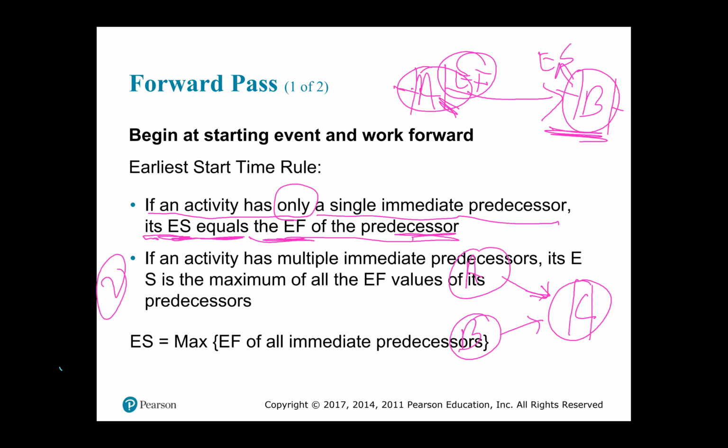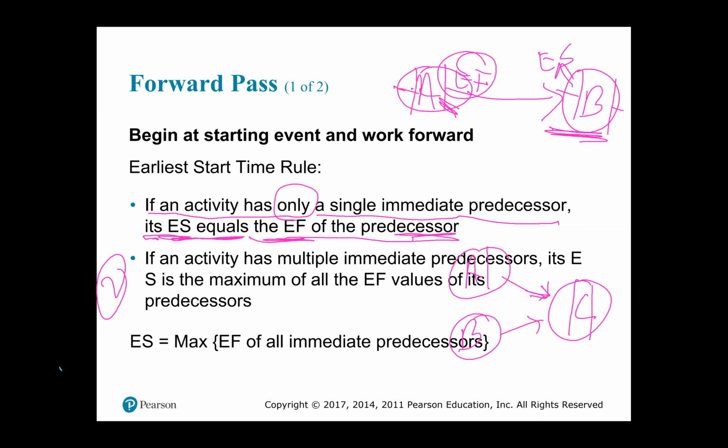It says if an activity has multiple immediate predecessors, for example, if an activity like C has, say for argument's sake, 2, A and B, its early start is the maximum of all the early finish values of its immediate predecessors.